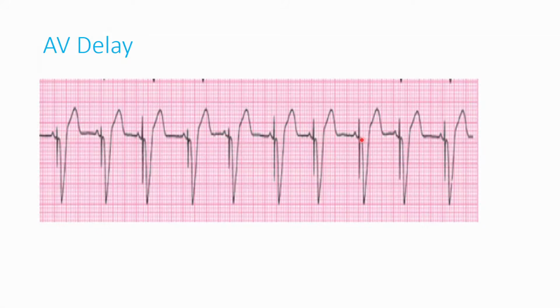If you do an echo for this patient, will you be okay with this? Let's say electrically we are giving the ECG, what will be the mechanical function here in terms of A to V? What is missing here? Anybody guess?